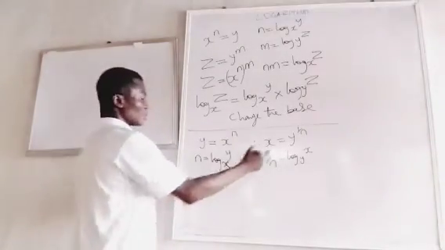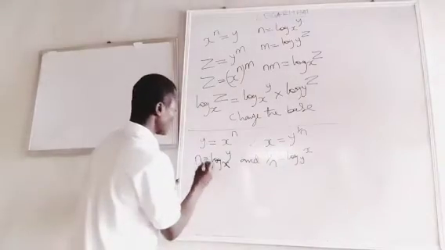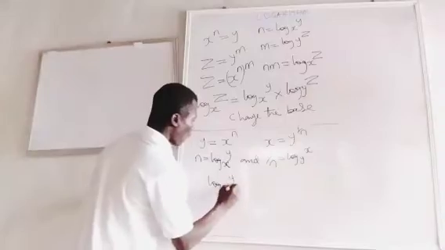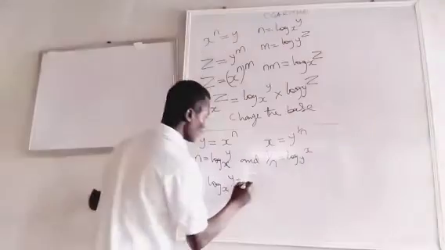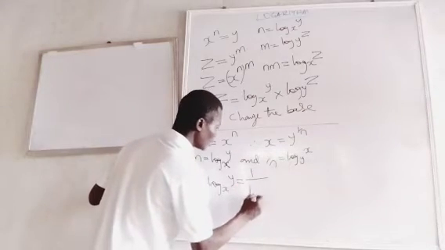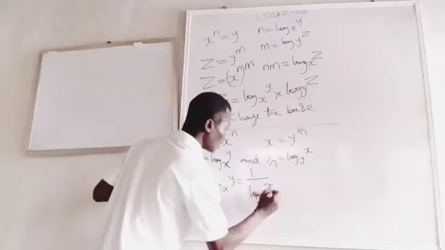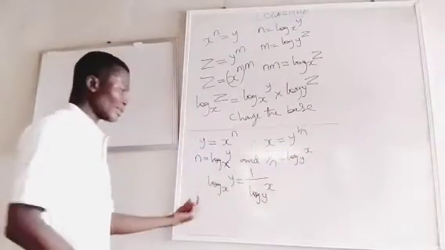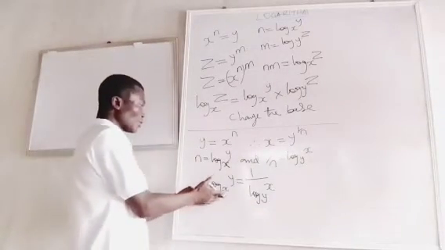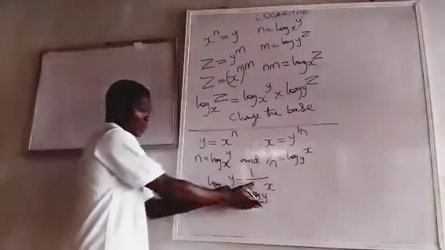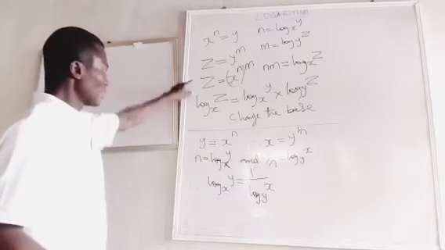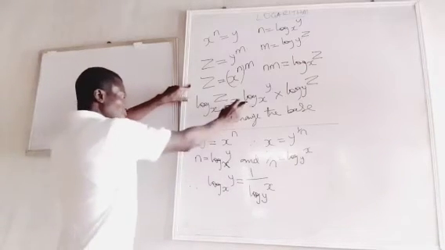Therefore, you can say that log y base x is equal to 1 over log x base y, or vice versa. It depends. So you can see it is the reciprocal. So once you know this, you can easily also manipulate like this. Now, in this change of base here, we can also bring this one into this place.